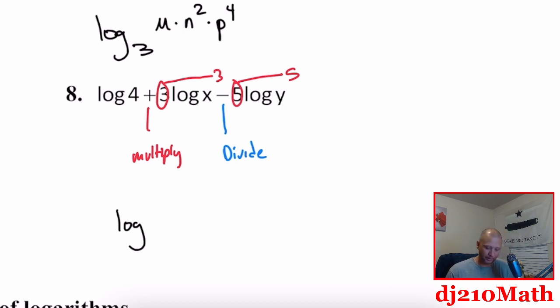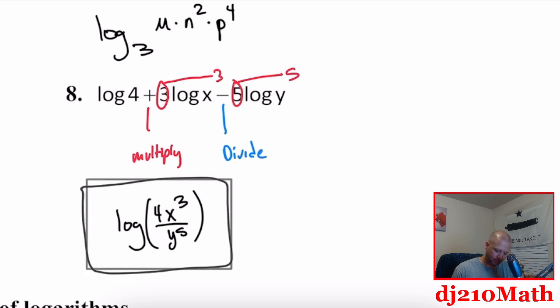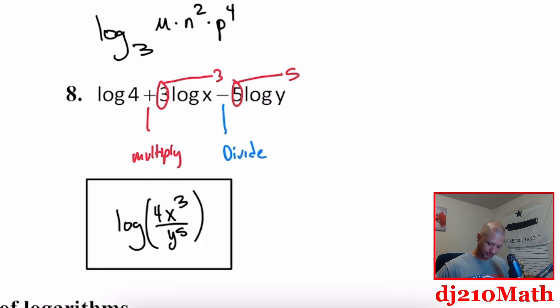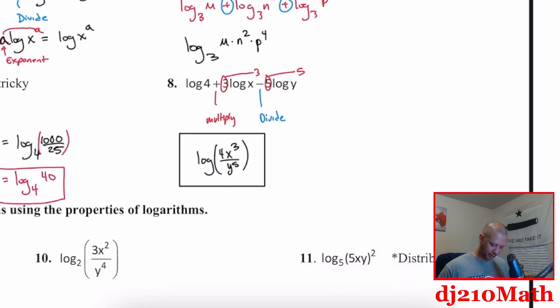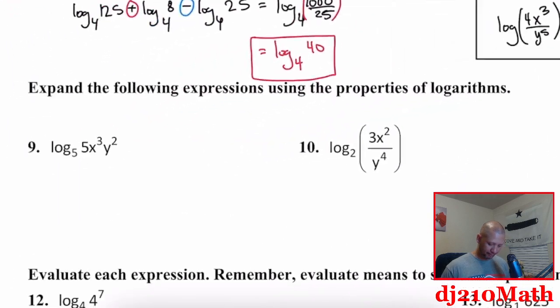So this is going to be 4 times x cubed divided by y to the 5. Final answer. Multiply, divide. Good job.